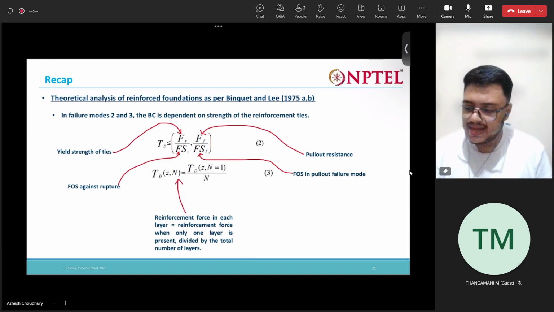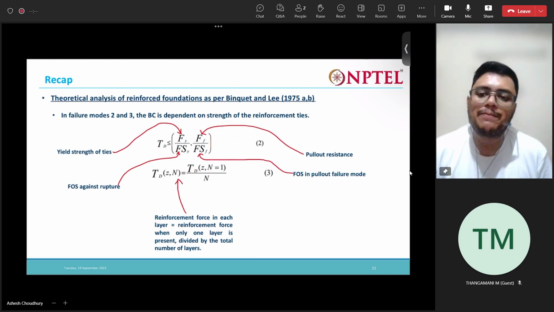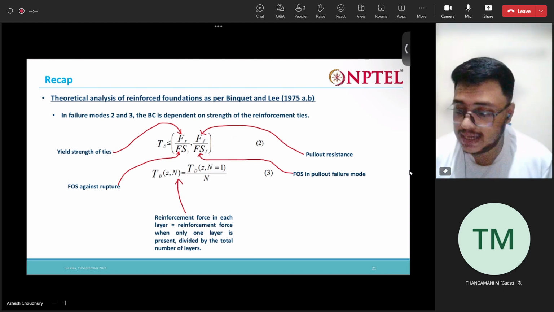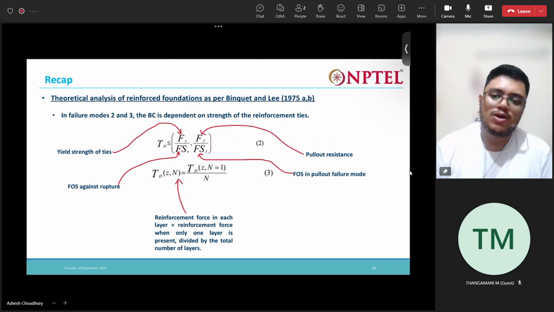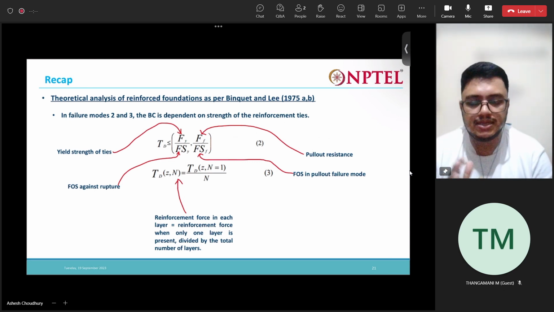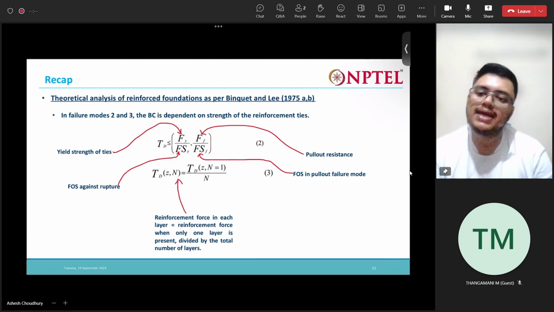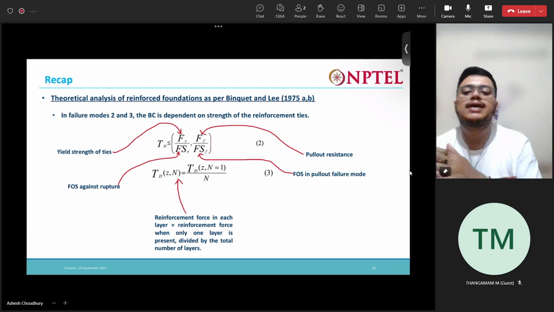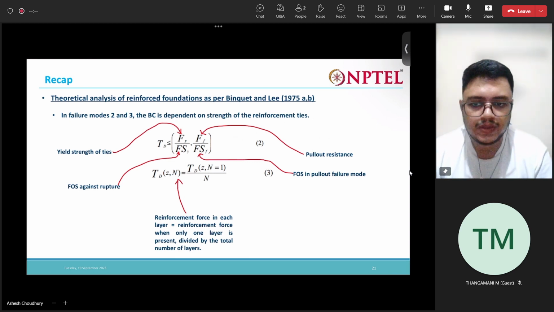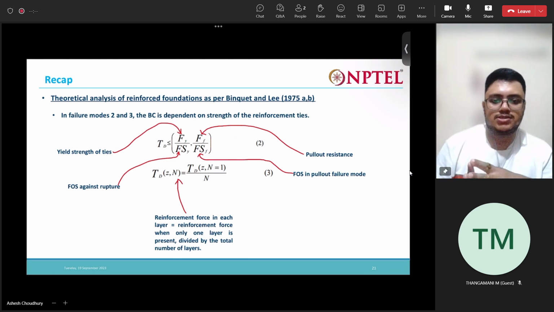Now, in failure modes 2 and 3, the bearing capacity is dependent on the strength of the reinforcement ties. Obviously, the bearing capacity is directly dependent on the strength of the reinforcement ties.